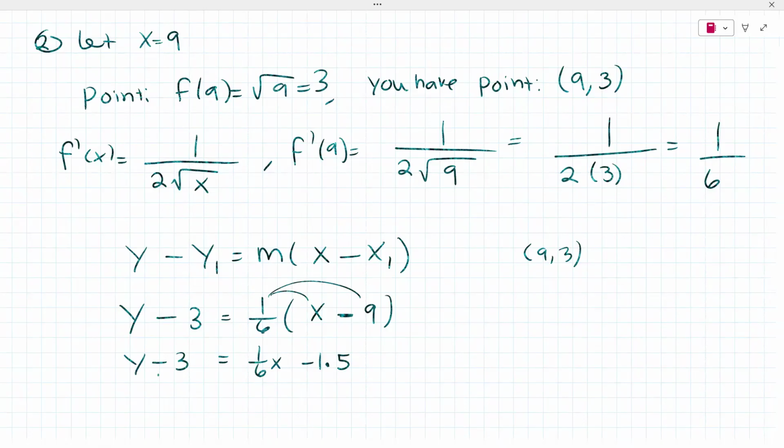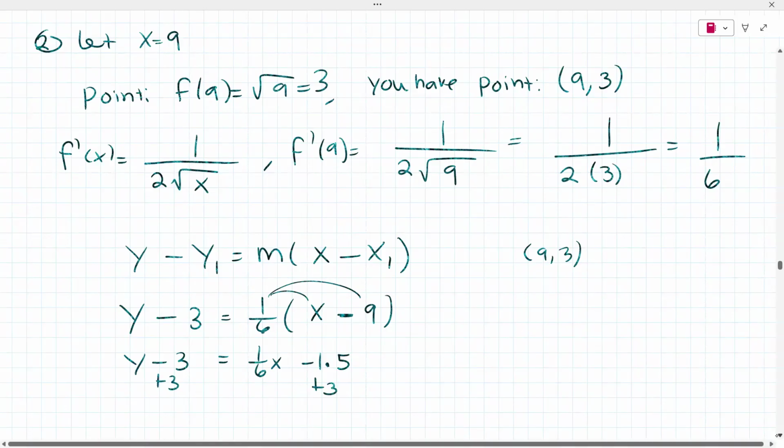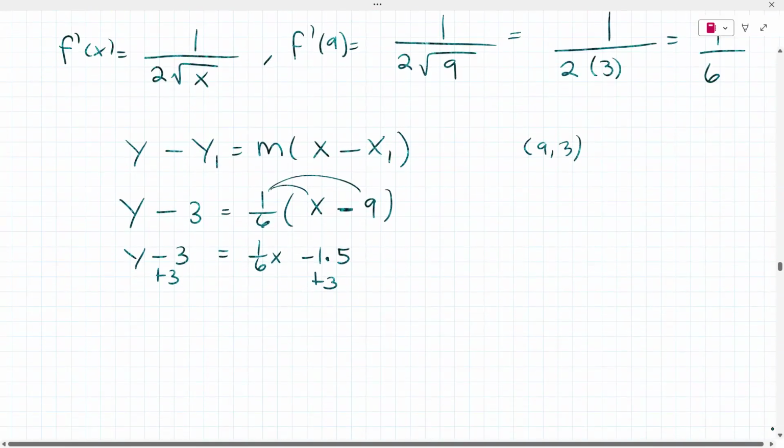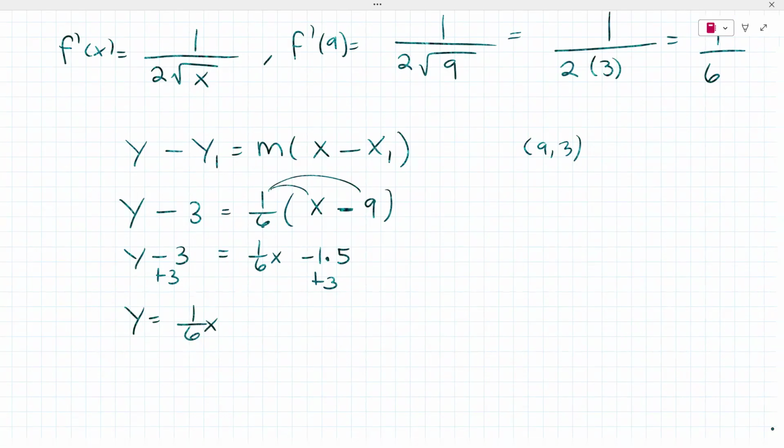Solve for y, so we're going to add 3, add 3. And you get y equals 1/6 x, and then negative 1.5 plus 3 is positive 1.5.